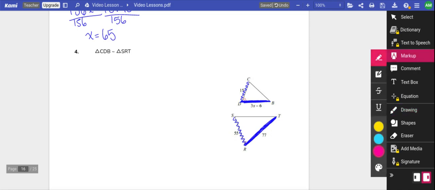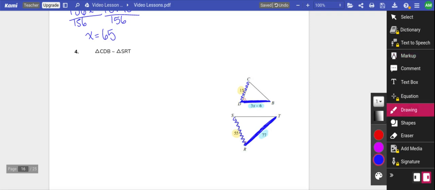And now I can see that my 15 and my 55 are both on that squiggly line. And my 3x minus 6 and my 77 are both on the thicker line. So those are corresponding parts.